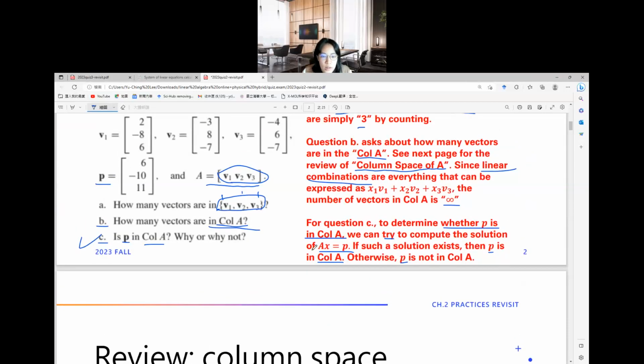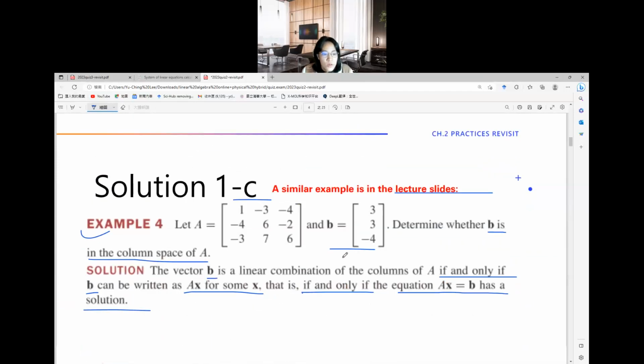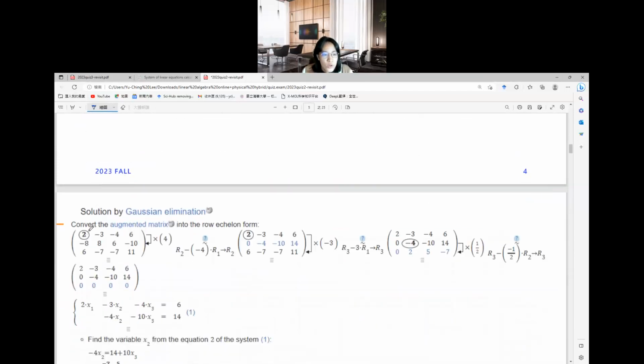So in order to answer question C, we use the same logic. We compute the linear system AX equals P. If X exists, then we will know that P is in the column space of A. In order to compute the linear system, I form an augmented matrix.